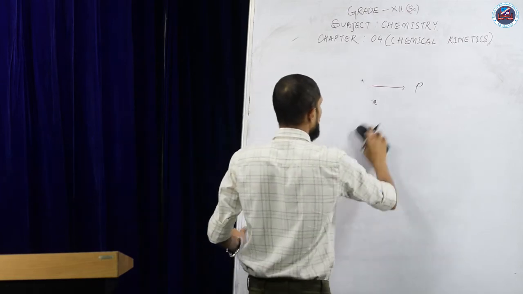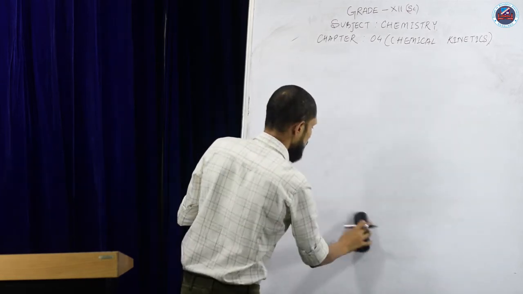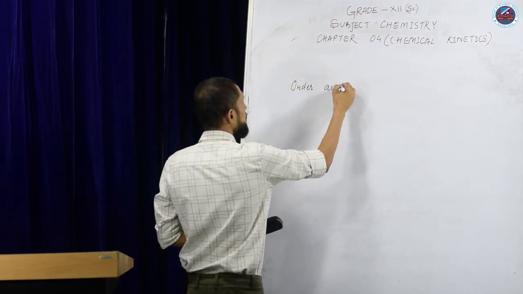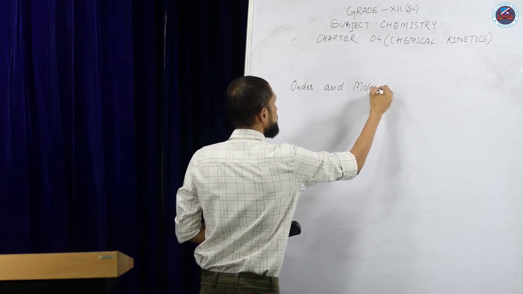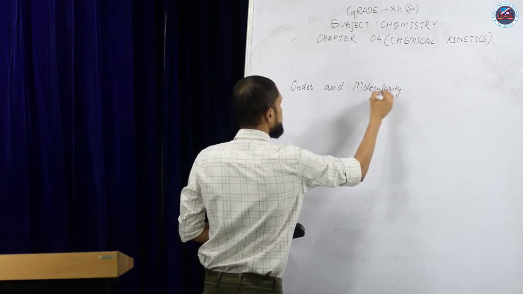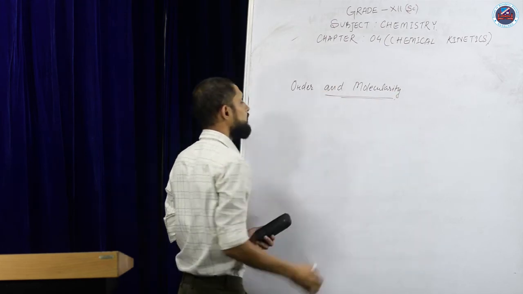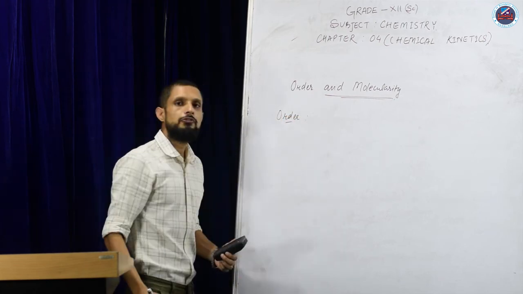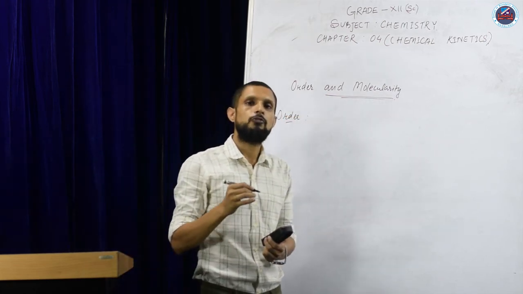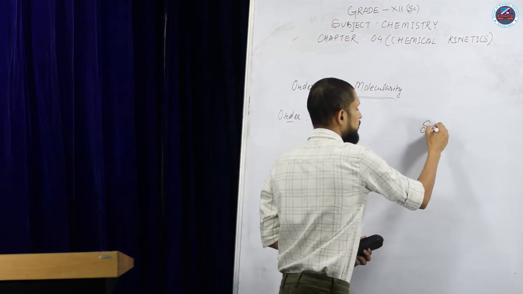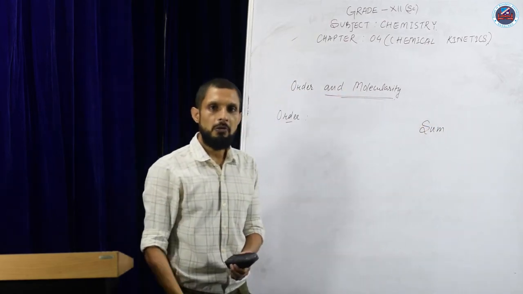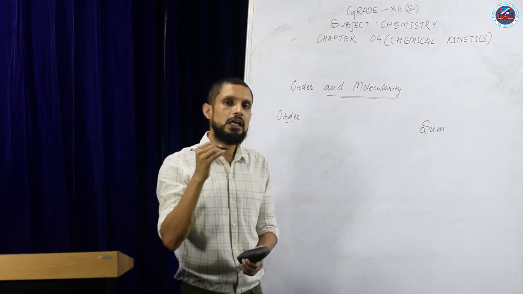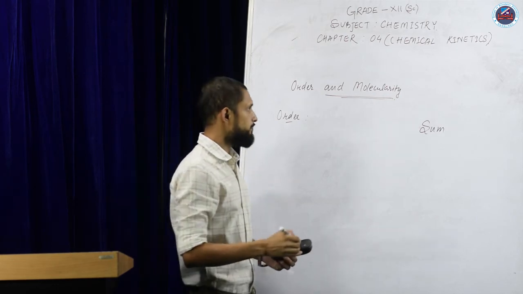The next topic which we are going to study under this chapter is order and molecularity. Order is defined as the sum of the powers. Sum, that means addition. Sum of the powers which is raised in rate law equation.